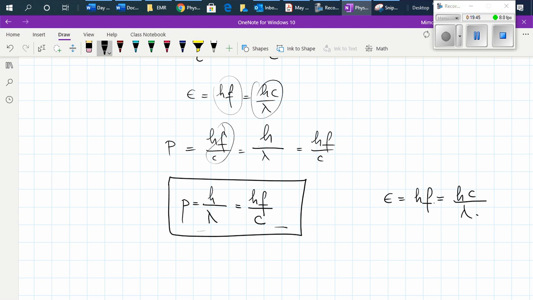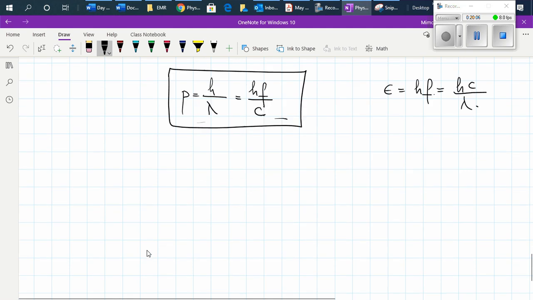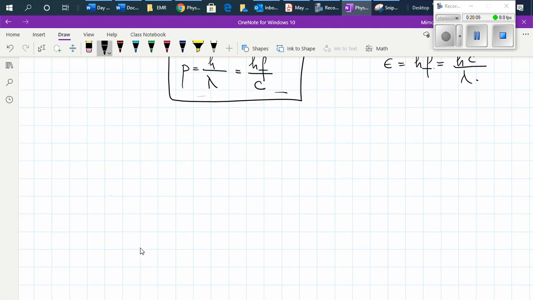Compton initially experimented with X-ray photons to bombard atoms, but the effect was so small that it was not measurable. Then Compton began to bombard electrons rather than atoms, and he measured the wavelength of the incoming X-ray, incident or initial, and the electron here.